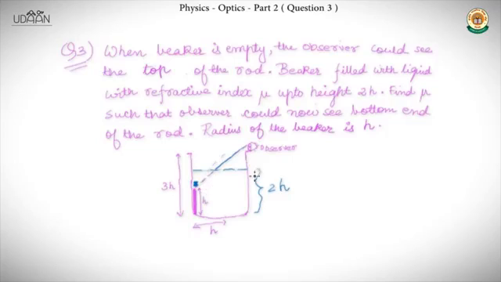Now, when the liquid is filled up to a height 2h, the ray inside the liquid goes to the bottom of the rod. So which means that the incident ray, after striking the surface, is refracted in such a way that the refracted ray now reaches the bottom of the rod.